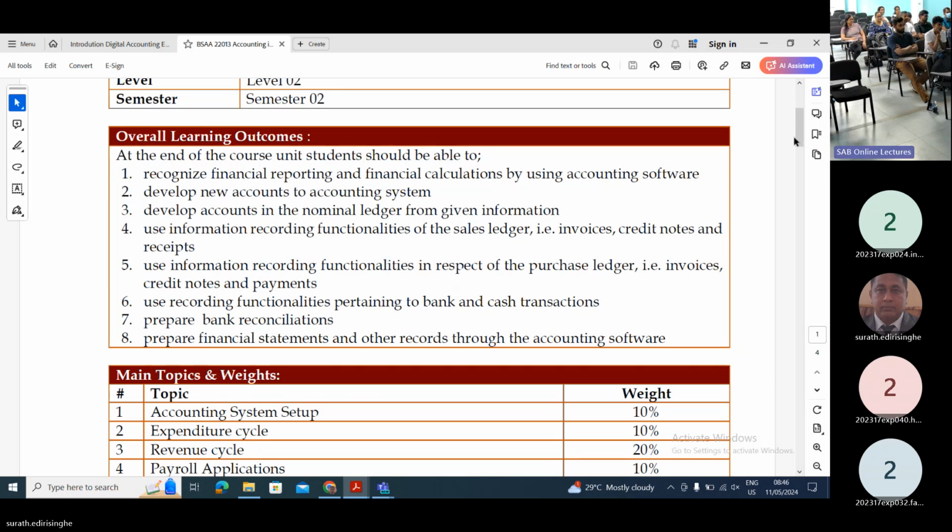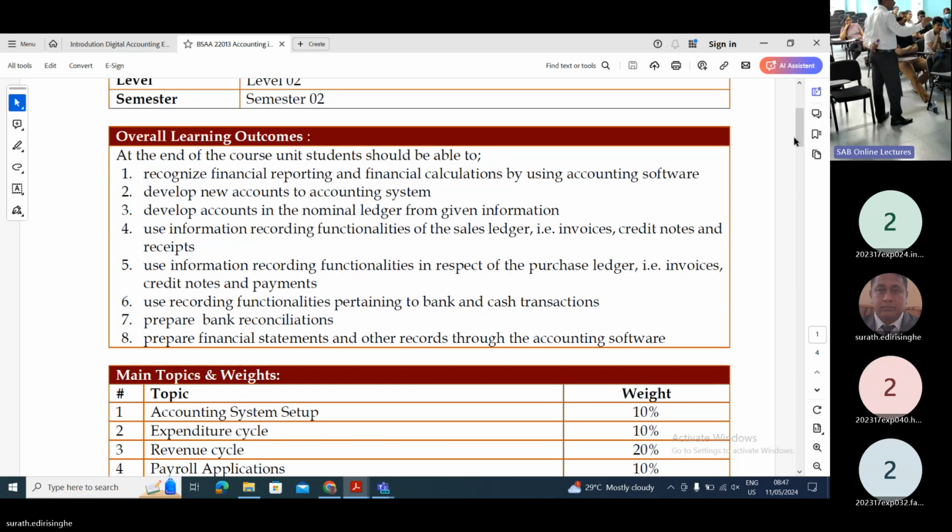Fifth one, accounting policies, principles, and estimation. These are the set of financial statements prepared and presented by the organization.